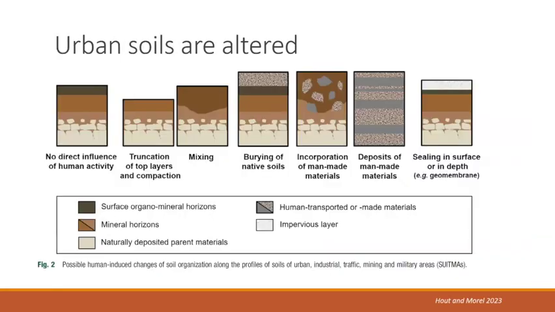So the other major difference, of course, is how the urban soils are altered. And, you know, impervious surfaces, soil sealing is just one of the major changes that's happening in an urban area, but there are other things related to physical disturbance, soil transports, and so on, some of which are listed in here.